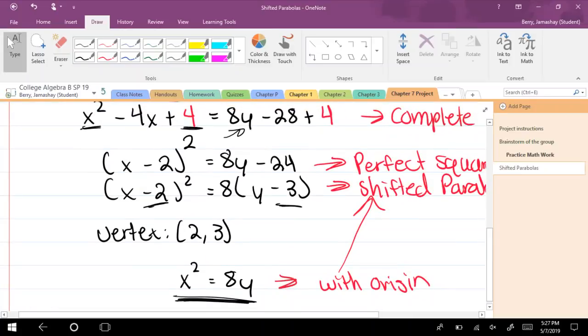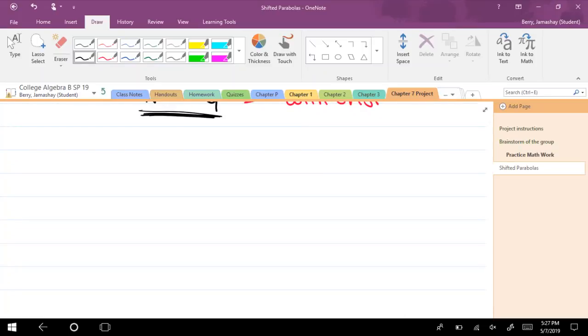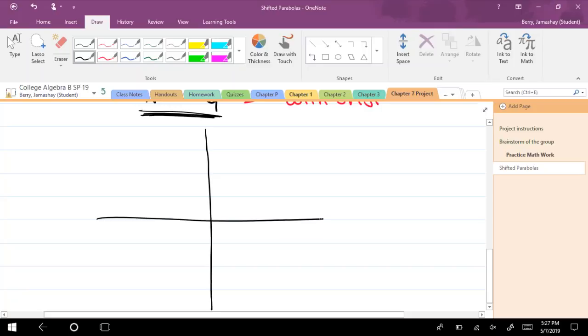Now that you have your equation and your vertex, now you're ready to graph. To start by graphing, you have to make sure that your center point is the right point, or else your graph would be off. So since our vertex is 2, 3, you would go here.